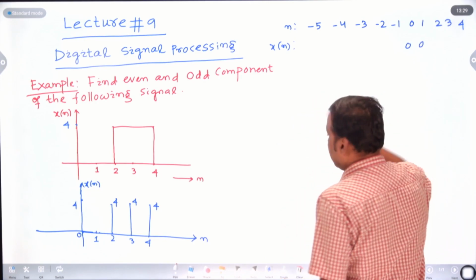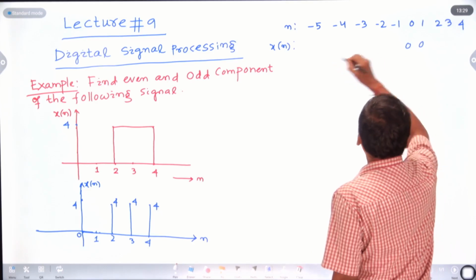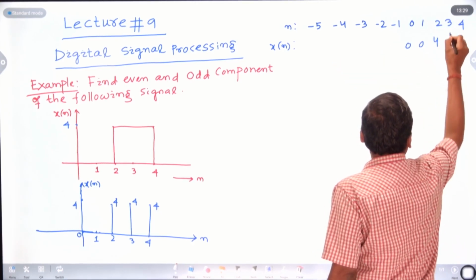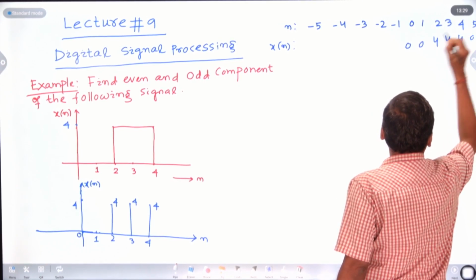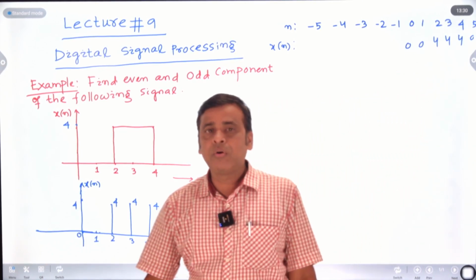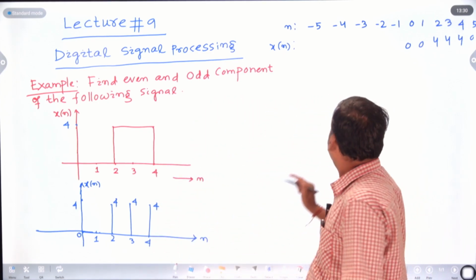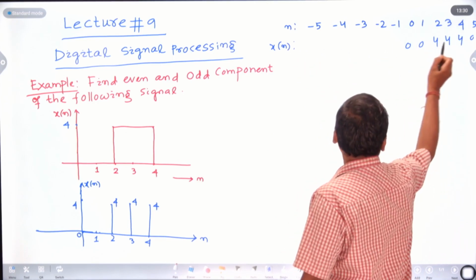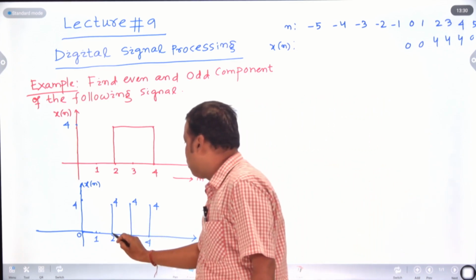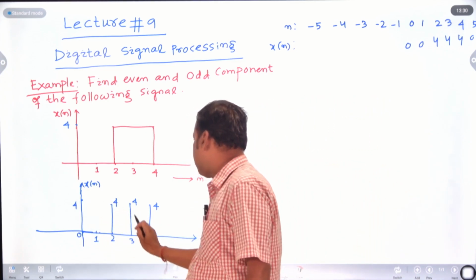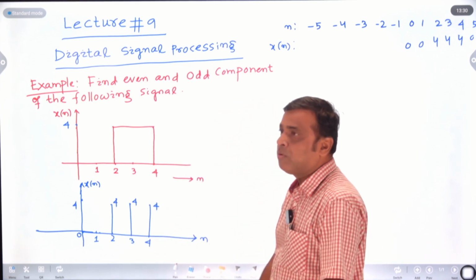At n equal to 2, x of 2 is how much? That is 4. At n equal to 3 also 4, n equal to 4 also 4, and at n equal to 5, x of 5 is 0. Except for n equal to 2, 3, 4, the signal is not present. So x of 2 is 4, x of 3 is 4, x of 4 is 4, otherwise the value will be 0 elsewhere.